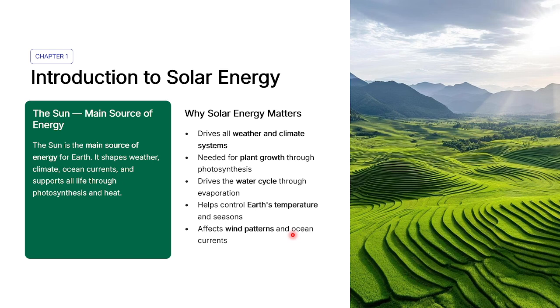So they may ask why solar energy is important for us: it drives all the weather and climate systems, helps plant growth through photosynthesis, drives the water cycle through evaporation, controls temperature, and affects wind patterns and ocean currents.